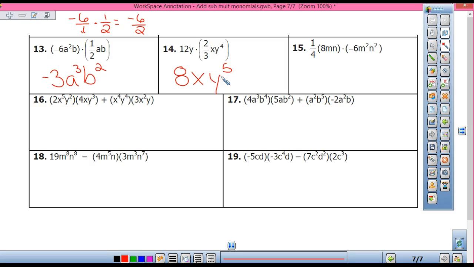Right, 1/4 of 8, and then times negative 6. Good, yep, negative 12, m to the third, n to the third, good.